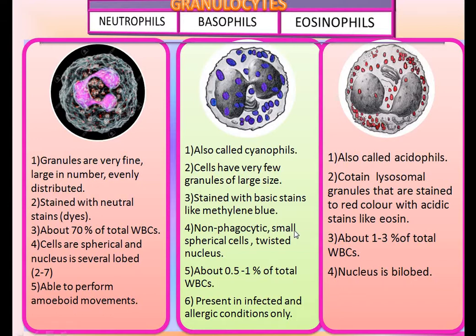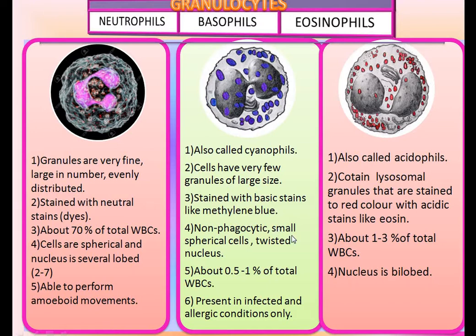Non-phagocytic in nature, small spherical cells, twisted nucleus. That means the basophils are non-phagocytic in nature. Phagocytic means what? They can engulf foreign particles, microorganisms, bacteria or viruses. But these basophils are non-phagocytic.